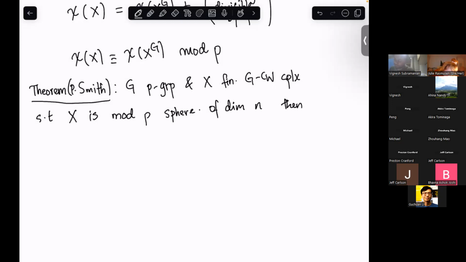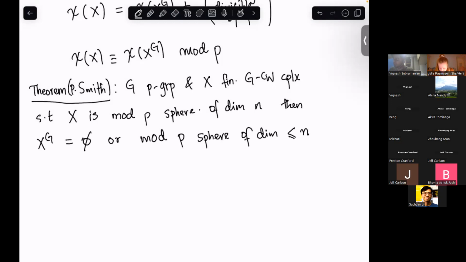Then the fixed point set is either empty or a mod p sphere of a smaller dimension, dimension less than or equal to n.